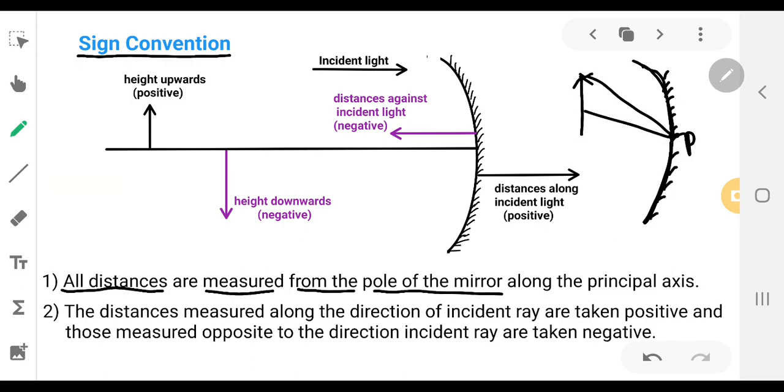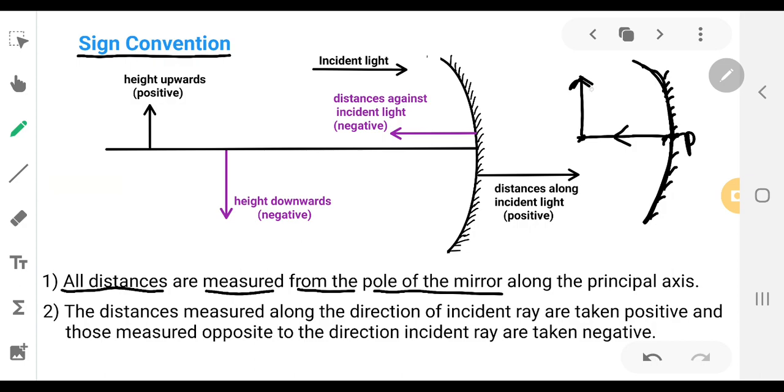Again it is giving different measurements. So what is the continuation of that statement? From the pole you have to measure, and the measurement has to be taken along the principal axis. So this is the measurement from the pole to the object, taken along the principal axis.